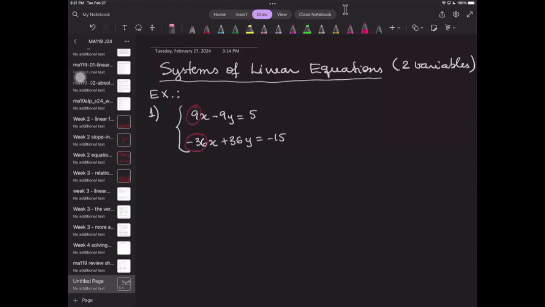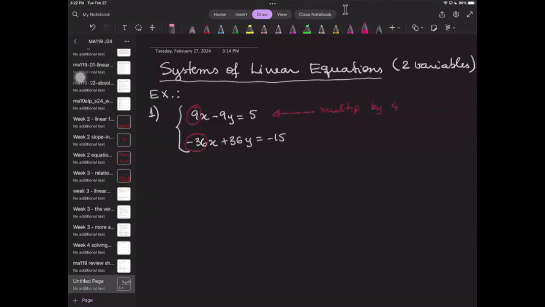So when I add the left sides of my equations, it's going to cancel. Since I have 9 and negative 36, if I multiply 9 by 4, I get positive 36. So I'm going to change my first equation to do that. I'm going to multiply everything by 4.